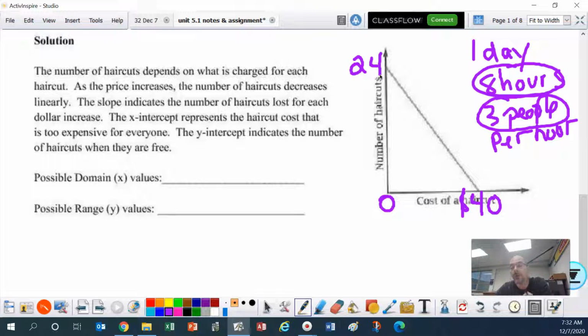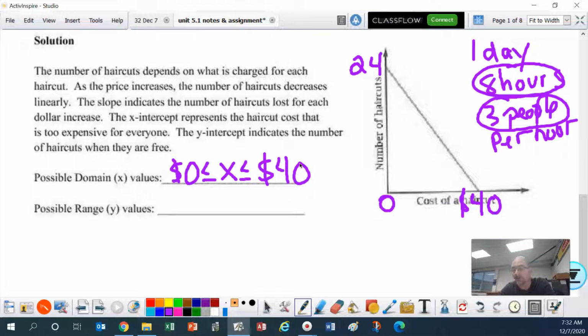But nobody's going to pay for it if it's over 40 bucks. 40 bucks is the limit. So our domain, ladies and gentlemen, is $0 and 40 bucks is the maximum.